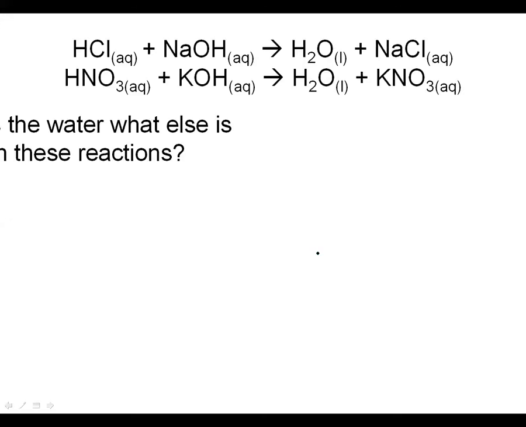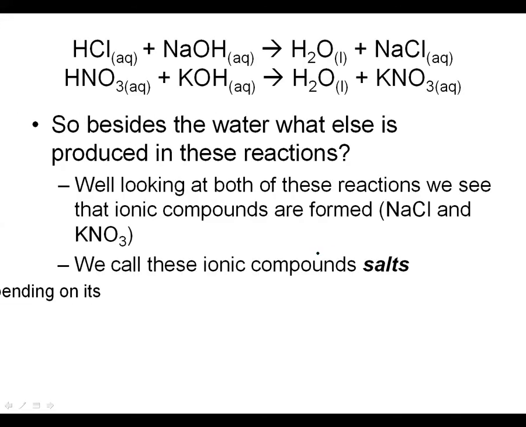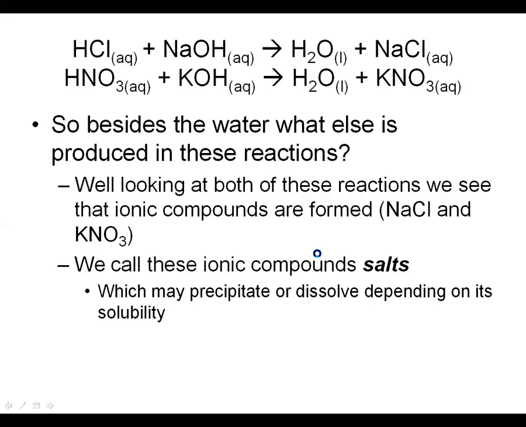Here's again a couple other examples as we talked about before in a previous chapter. That is typically what you get there, basically water and a salt that's formed. And again, a salt is just a fancy word. I'm not sure how fancy that is, but it's a fancy word really just for an ionic compound. And remember, an ionic compound is a positive and negative guy that's together.